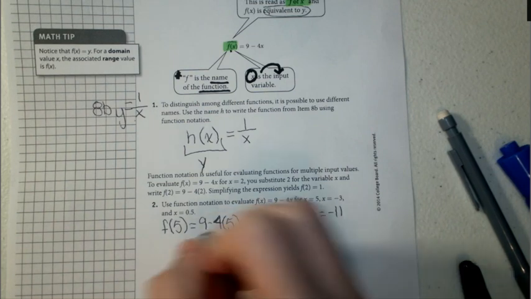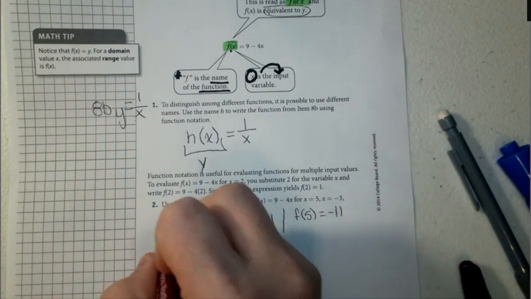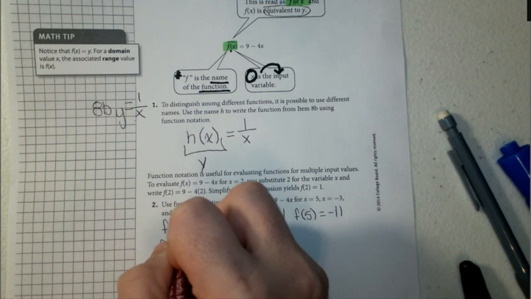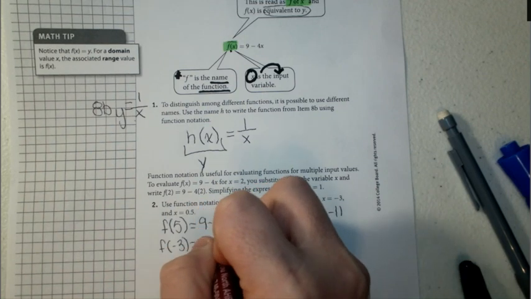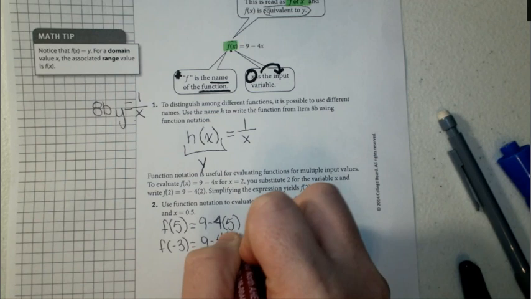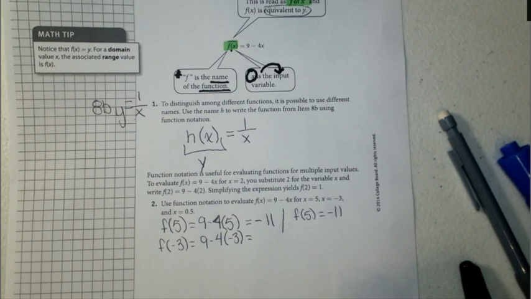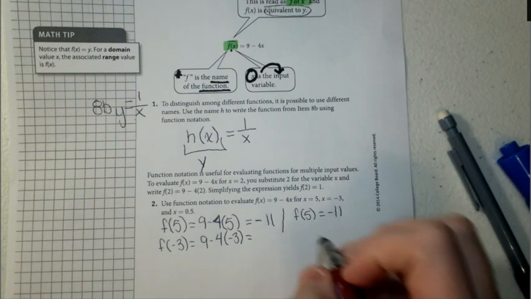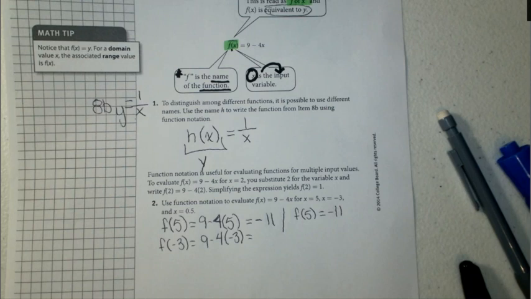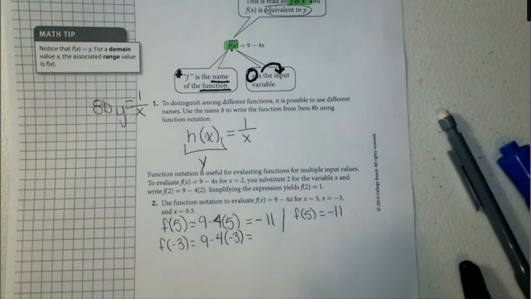Okay, and let's talk about f of negative 3. f of negative 3 would be 9 minus 4 times negative 3. Well, negative 4 times negative 3 is positive 12. So 9 plus 12 is going to give me 21.